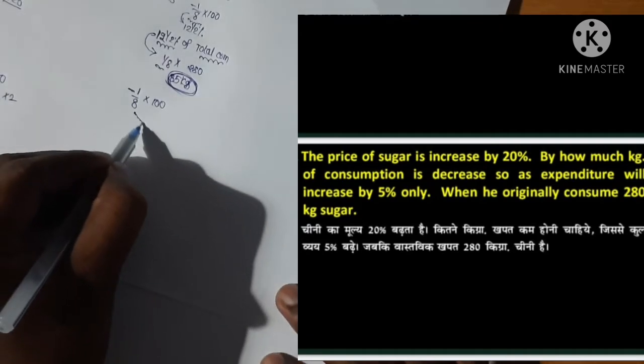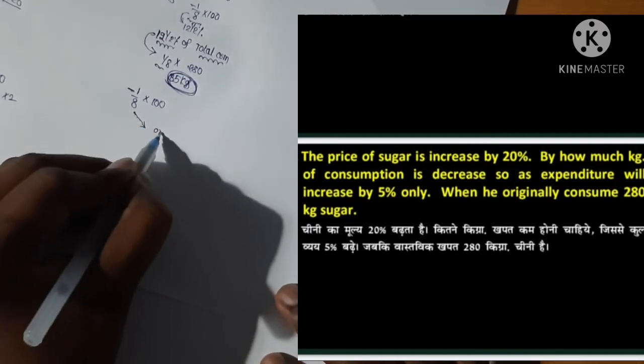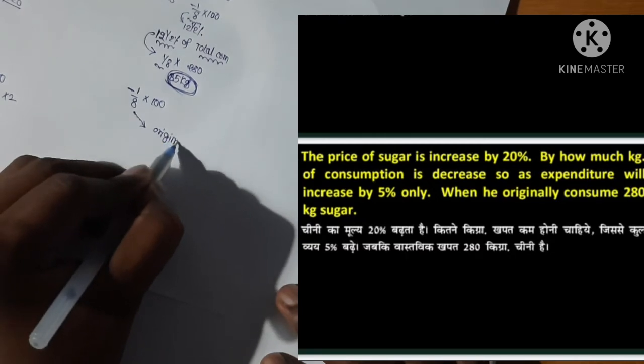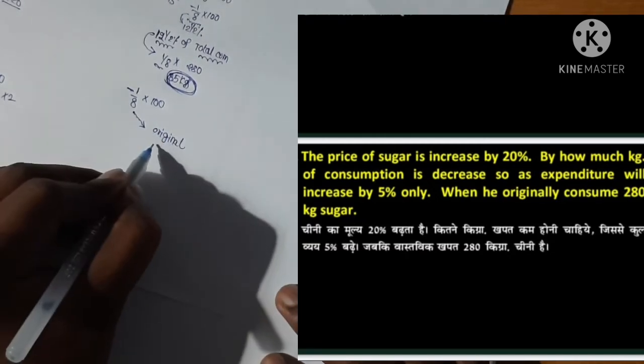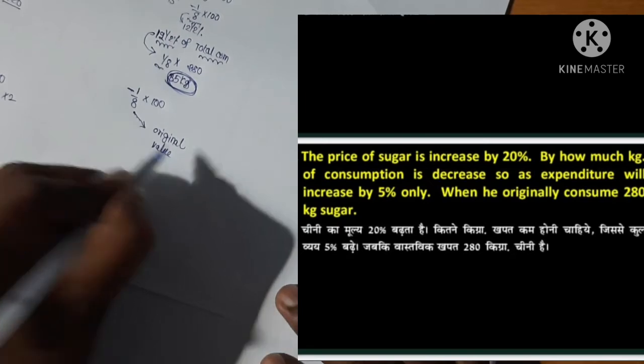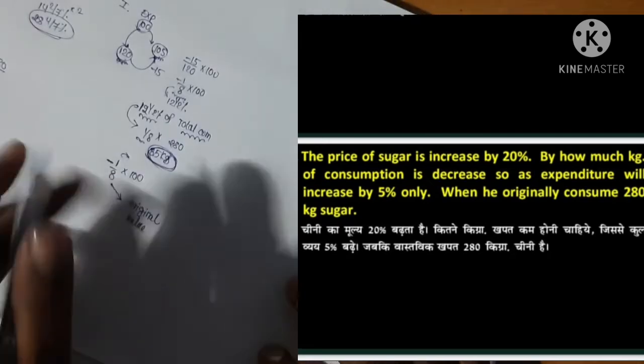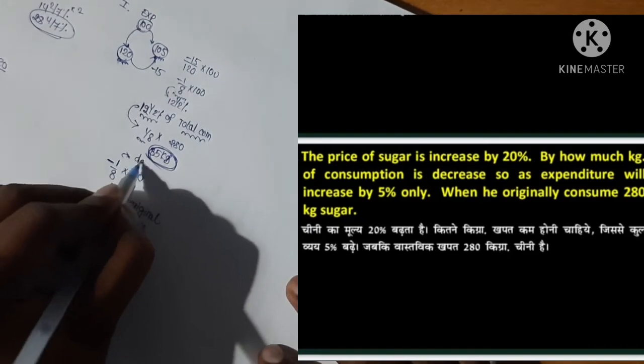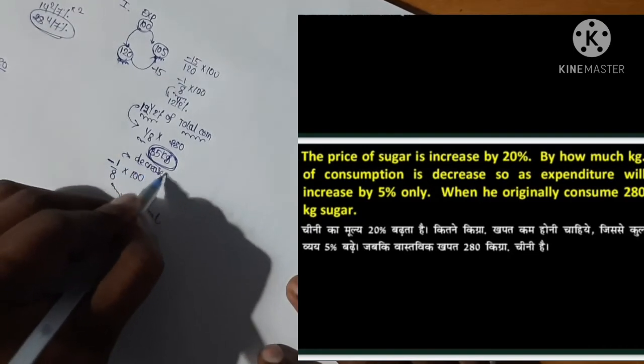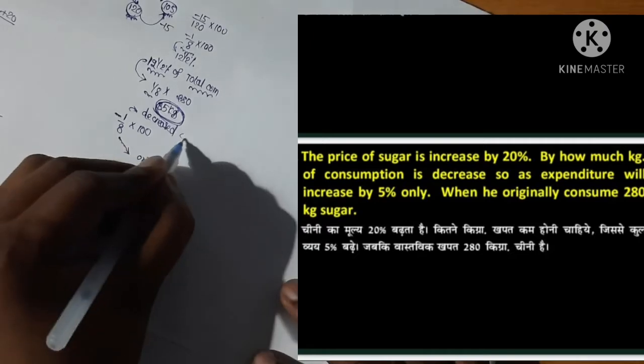Where 8 is the original value, and -1 is the decreased consumption.